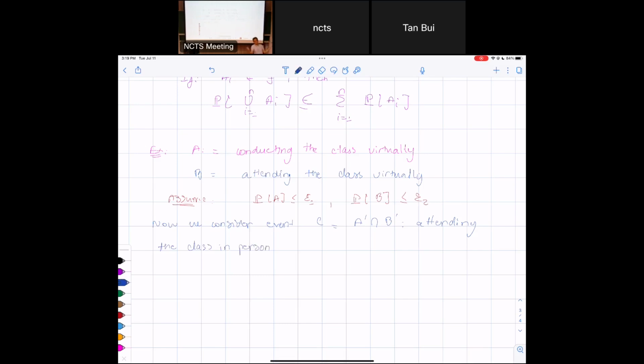The class happens in person and you attend in person, the intersection. That's C. So you attended the class in person. Now, applying the union bound.